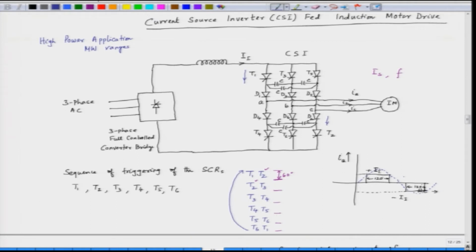So, this is the fundamental component of the current and the RMS value of that. So, we can change the RMS value of the current, we can also change the frequency. By changing the fastness of switching, we can change the frequency. So, we have a variable current and variable frequency source. So, we can change the stator current, we can also change the stator frequency.